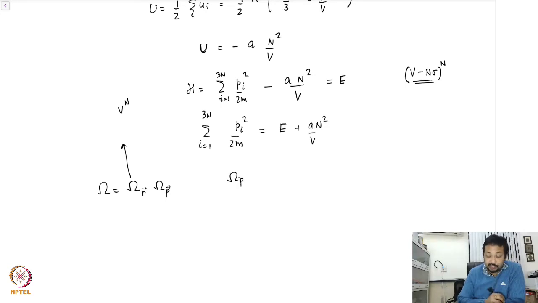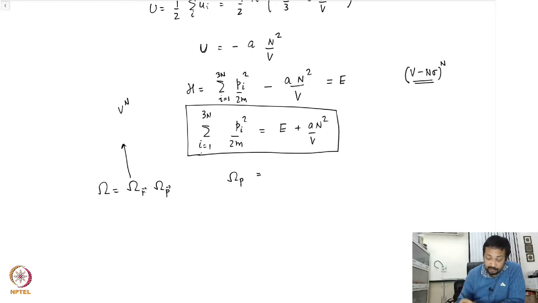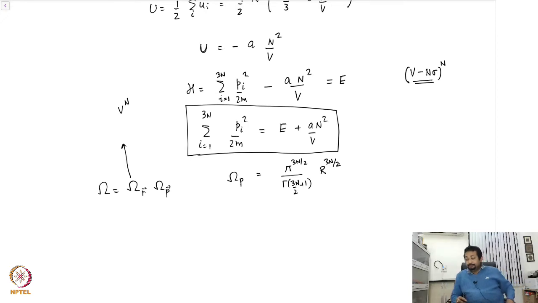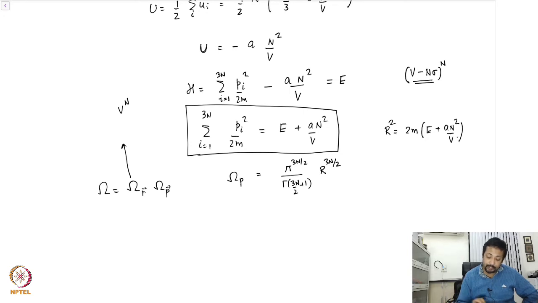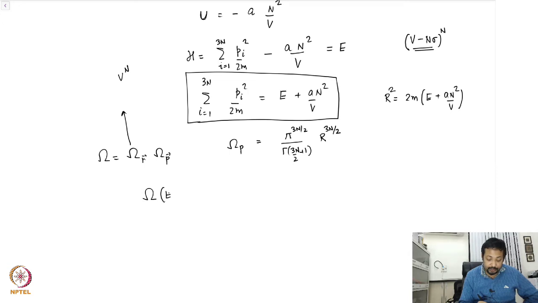Omega p is the volume contained within the hypersurface defined by this relation, and we have calculated that it was pi to the power 3n by 2 over gamma of 3n by 2 plus 1, times R to the power 3n, where R square is twice m times E plus A n square over V. Hence the total number of microstates accessible to the system, omega of E, V, n, is V minus n times sigma raised to the power n, times 1 over n factorial h to the power 3n.